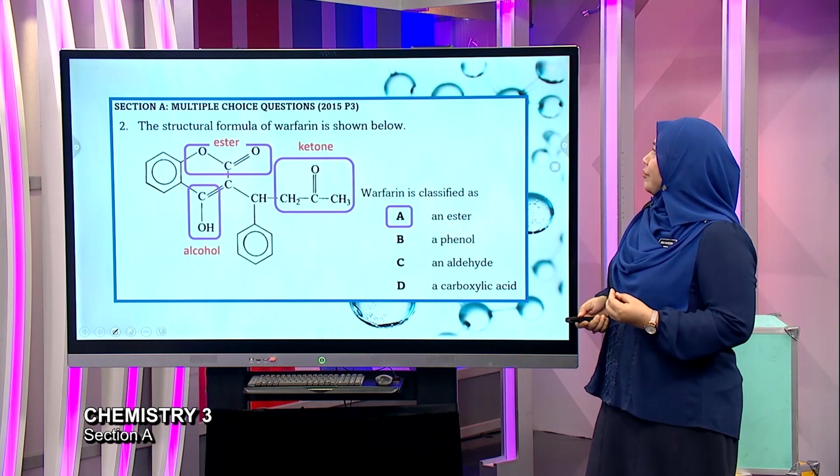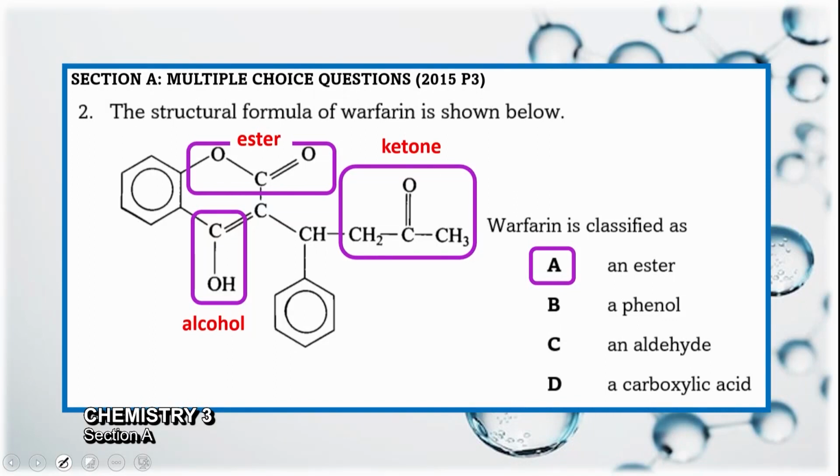And then moving on to the next question. This is again from 2015, but this is semester 3, not repeat. So here, the structural formula of warfarin is shown below.